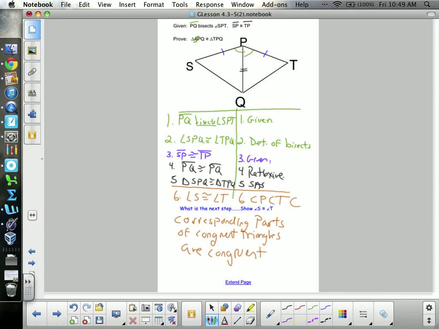Corresponding parts of congruent triangles are congruent. Let's do it again. Corresponding parts of congruent triangles are congruent.